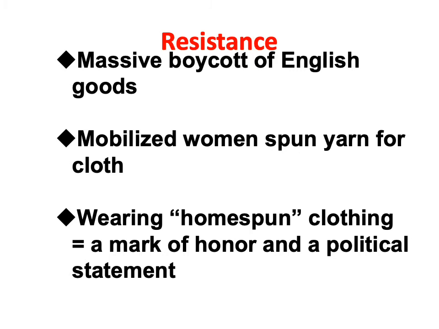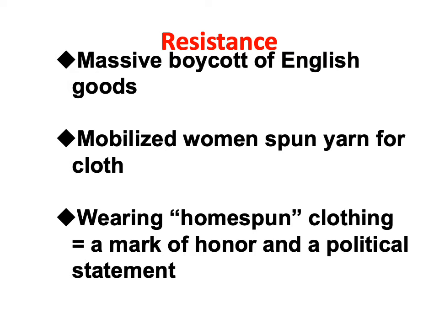Many women decided that rather than buy clothes from Britain, they would make them in the colonies. So women started spinning the yarn to make cloth, and then they sewed the cloth together to make clothes. Many of the clothes were not attractive because these women were not professional seamstresses or dress designers. But it became a badge of honor, a mark of honor, to wear clothes that didn't look good, but were clearly homemade.